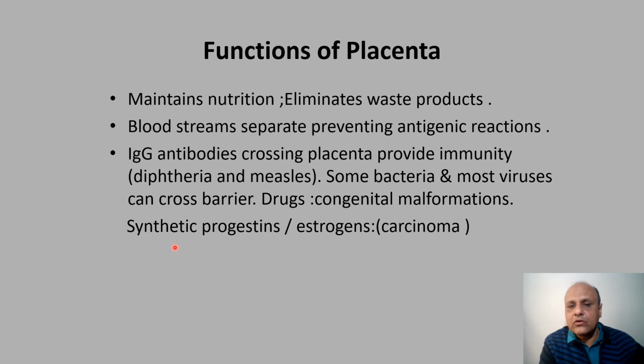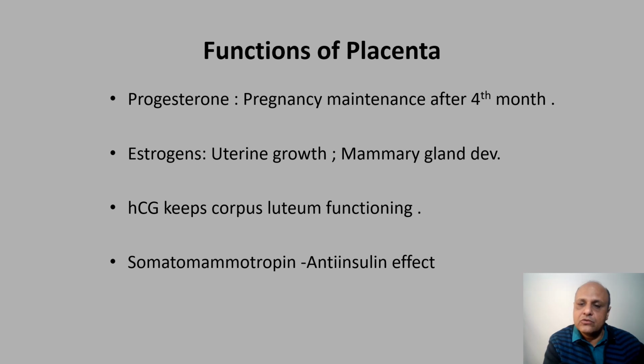Maternal hormones do not cross the placenta, but synthetic progesterones and estrogens can cross the placenta and cause carcinoma in the fetus in later life. So one has to be very careful. So functions of placenta: it keeps the two streams separate. At the same time, by keeping the two streams separate, it forms a barrier.